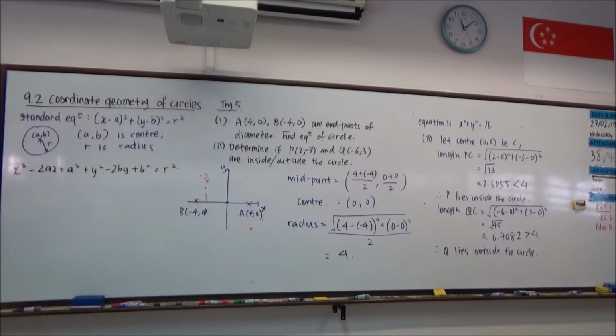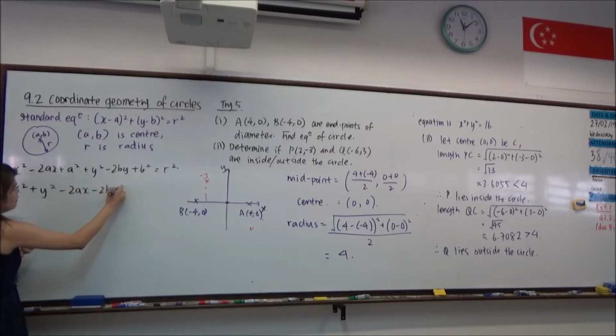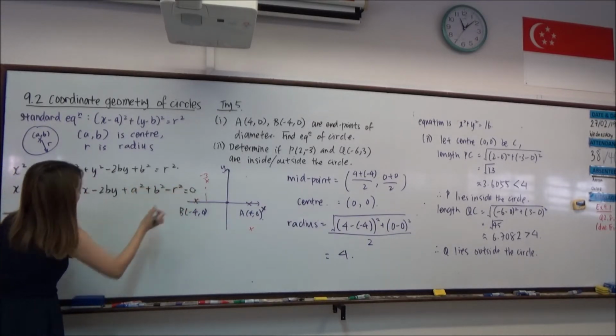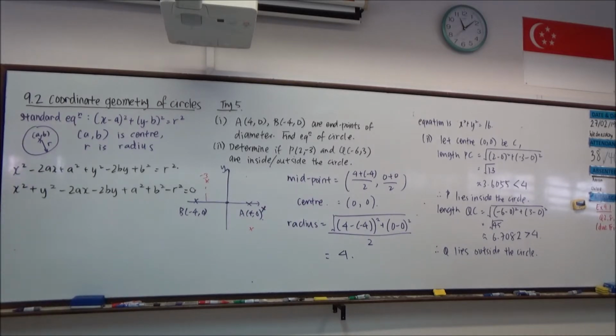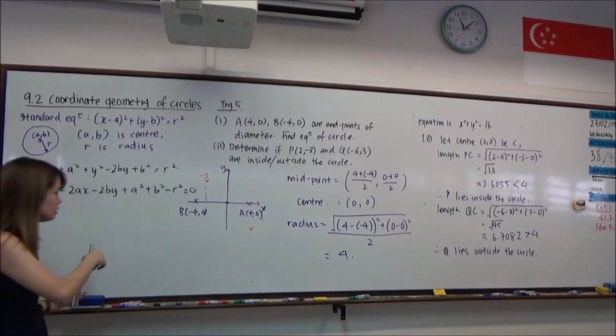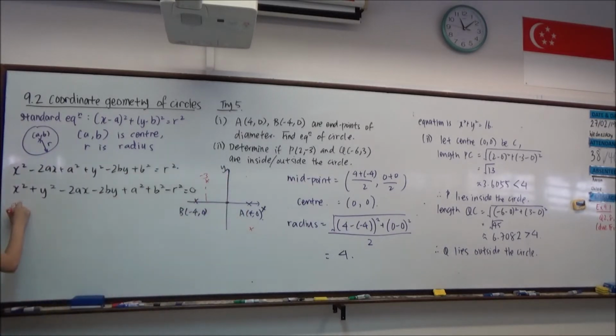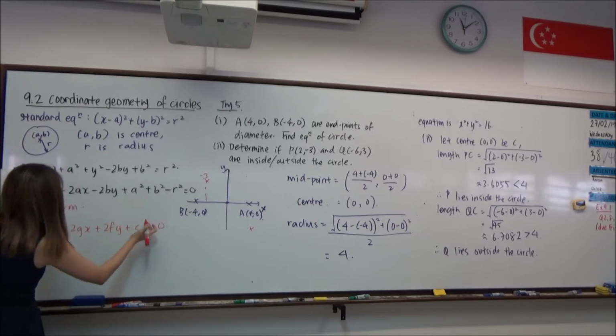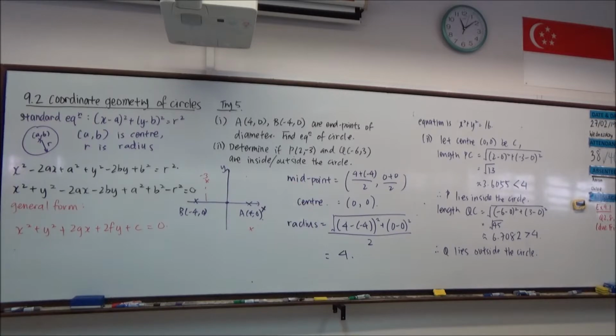Then if I were to rearrange this equation in this form, I will be able to tell that in this form itself, I will call it the general form, but the general form of a circle will actually come in this kind of equation.